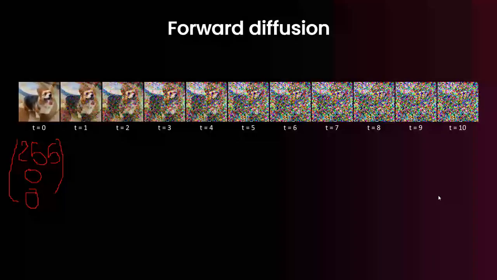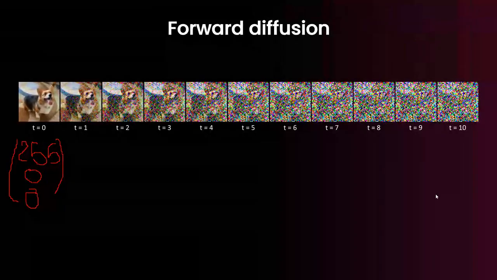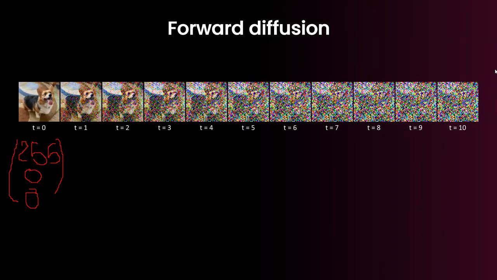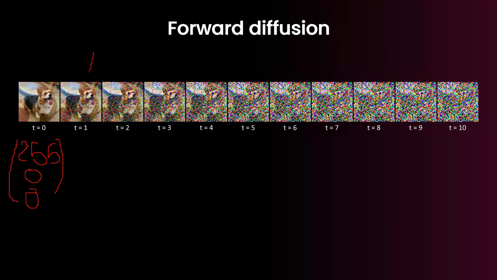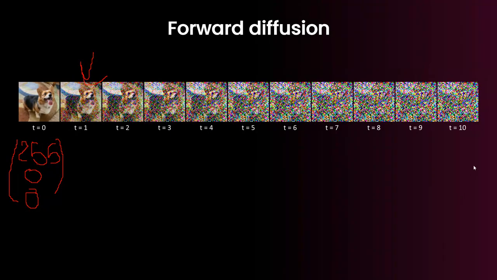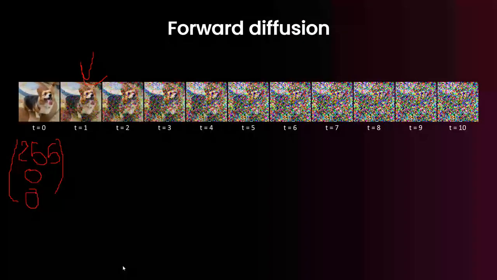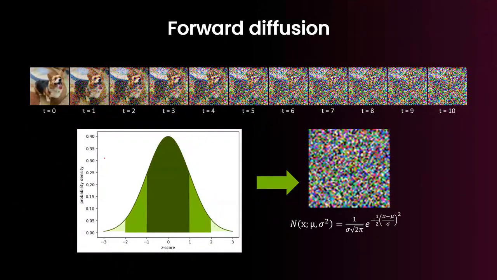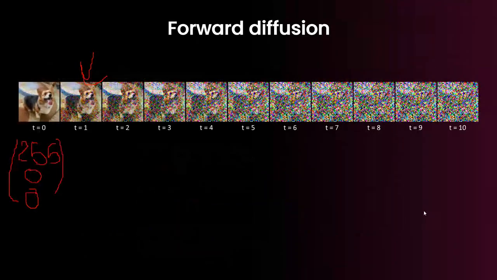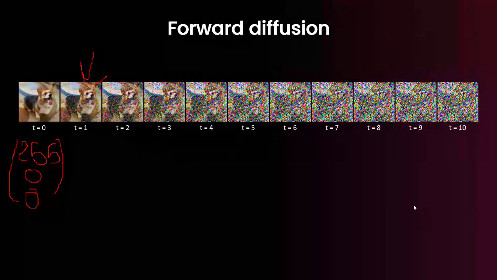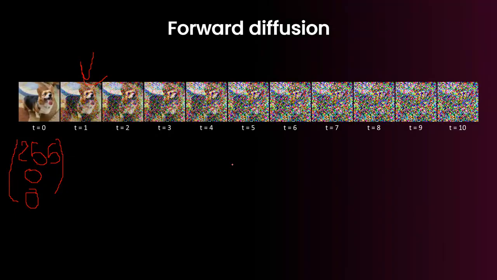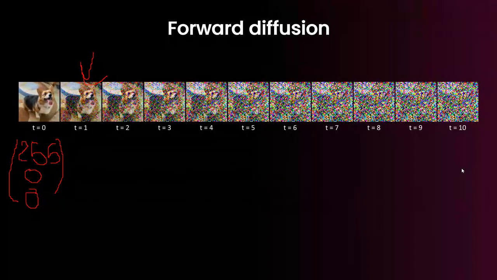So we move to the next timestamp, which is t equals 1 here. Then we want to add random noise, as I said, from the normal distribution or the Gaussian distribution. We want to add a random Gaussian noise to our image, which here is these 3 pixels only.